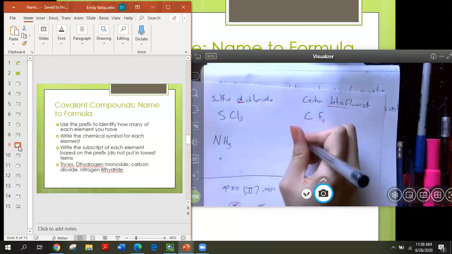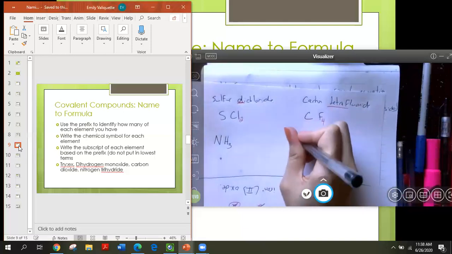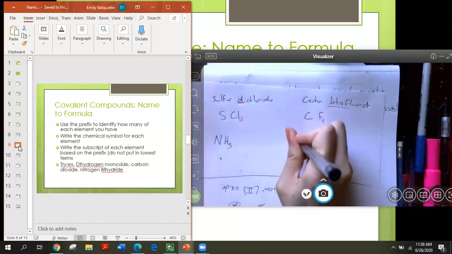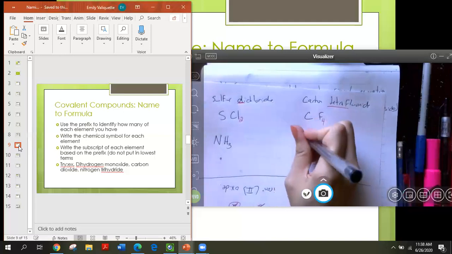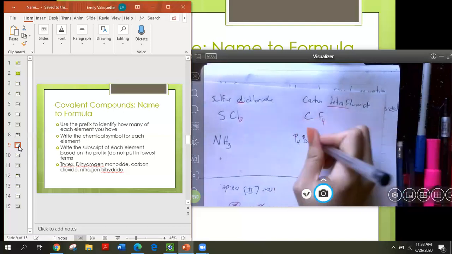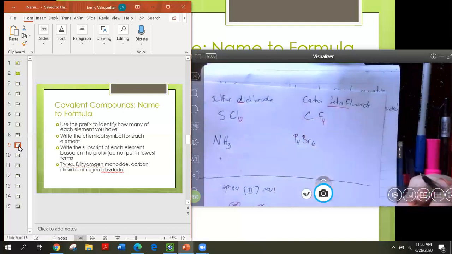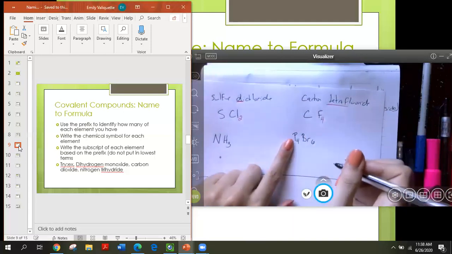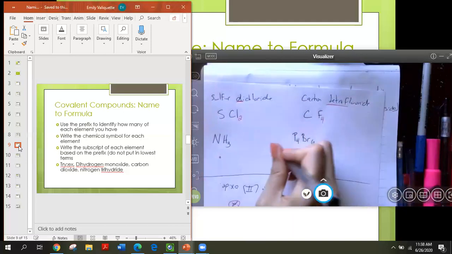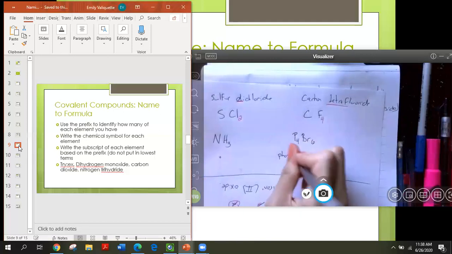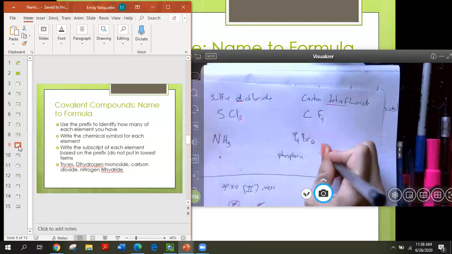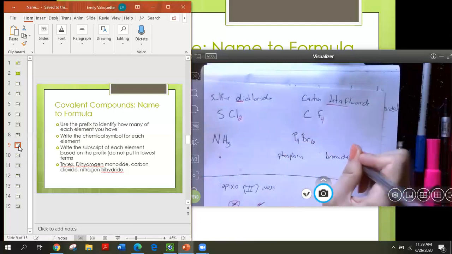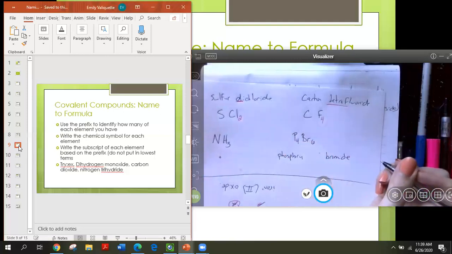So if I gave you the formula P4Br6, then I would start by just naming my elements. So I have phosphorus, and I have my bromine, which turns into bromide, because I always change the ending to IDE.